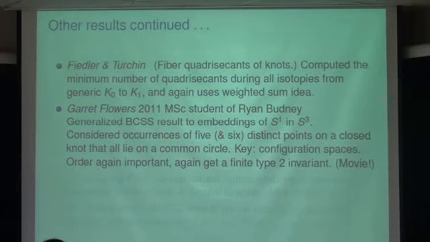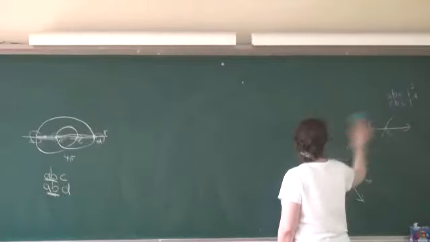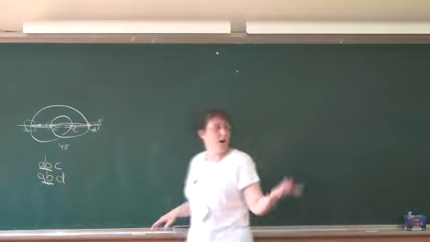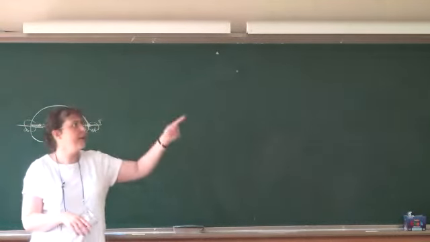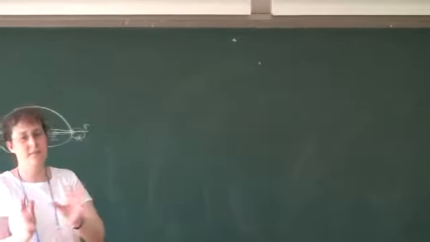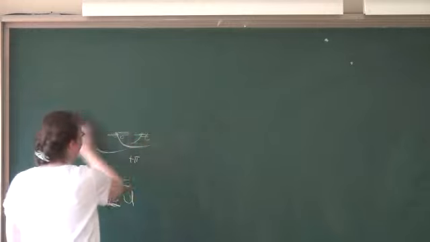So Garrett joined the point at infinity and thought about S1 in S3. Ryan Budney and Fred Cohen have a very nice paper where they talk about the homotopy type of S1 in S3 versus S1 in R3. It's a very nice paper if you're ever interested in that question.